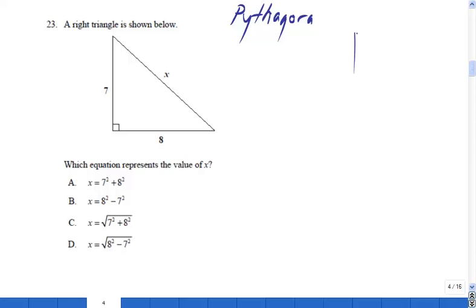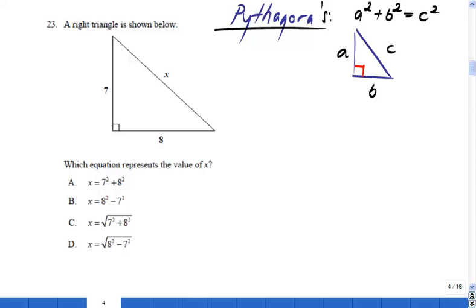And many of you remember that as the famous a squared plus b squared equals c squared. And remember also that in one of the classes I told you that you have to identify your a, b, and c before you say that Pythagoras theorem says that a squared plus b squared equals c squared.